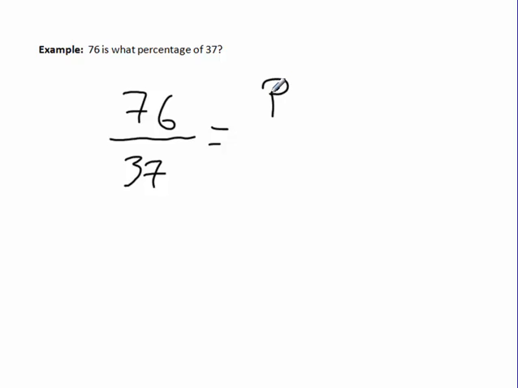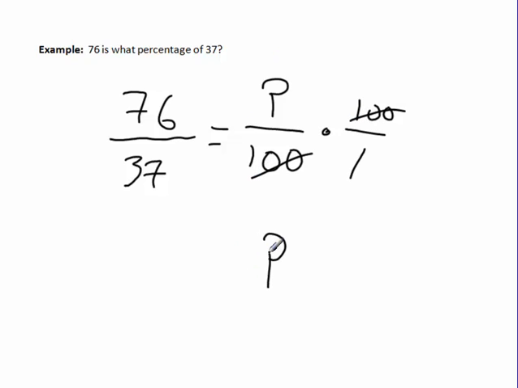And here, I'm going to set this up with the percent proportion. Whenever I use my percent proportion, I don't need to worry about moving my units to the left or to the right, or oh, I don't remember. I have the percent proportion, so I don't need to worry about that. And from here, we multiply both sides by 100, because that's the denominator with my variable.